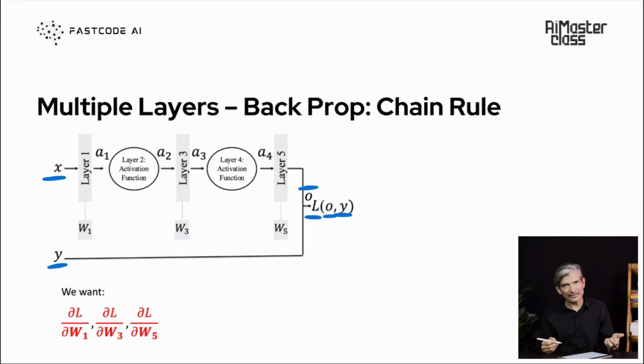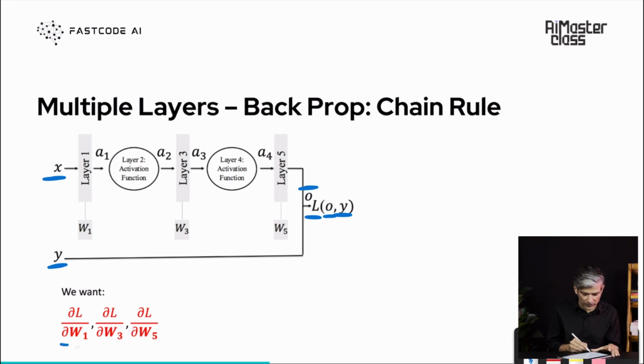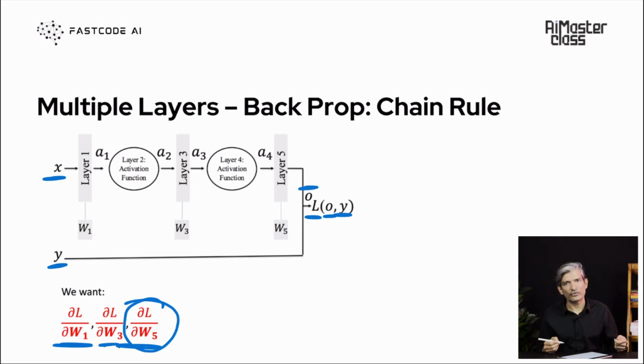If we could directly compute, let's say, the derivative of loss with respect to W1, W3 and W5, this is what we finally want to get to, right? Because if we can get the derivative of loss with respect to W5, then we can update W5, because that is the direction we want to go in.